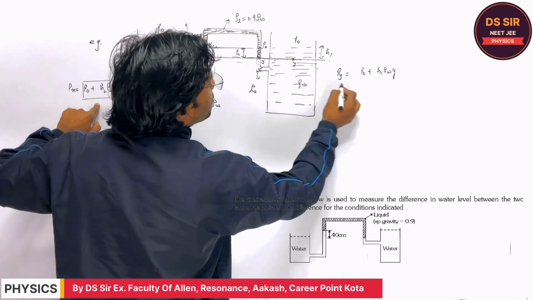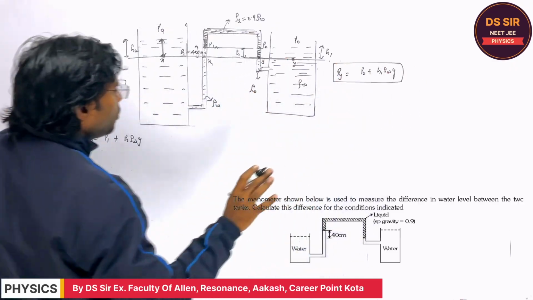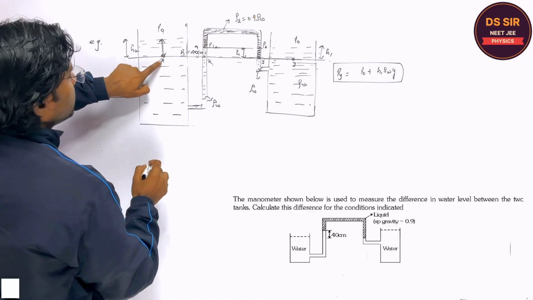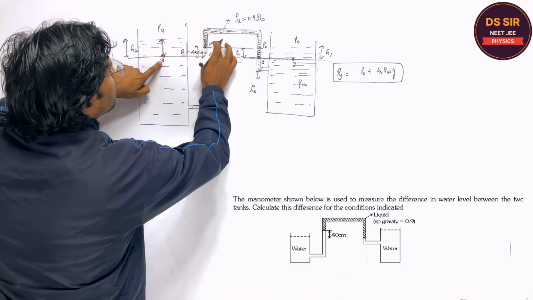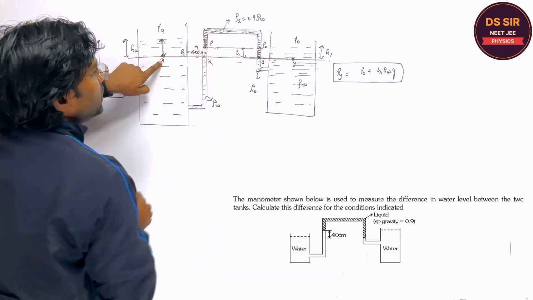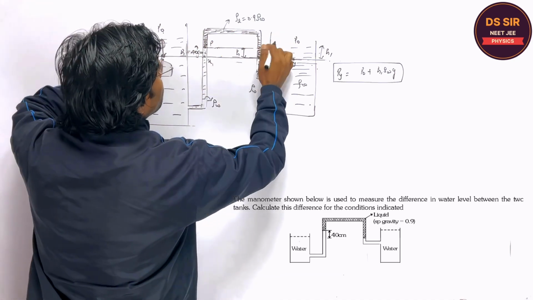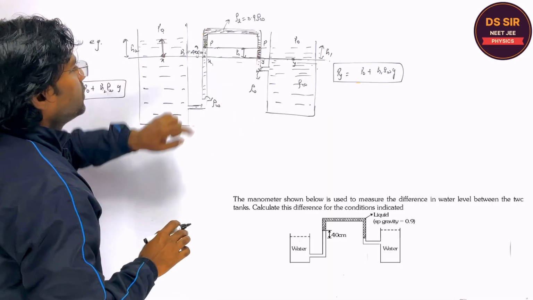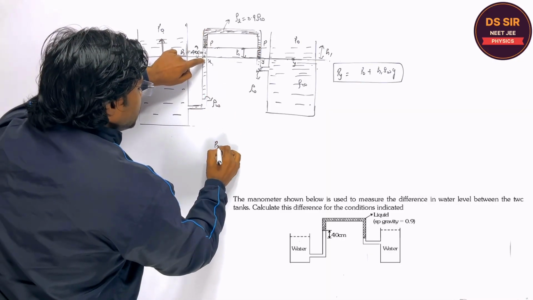What is the Py pressure? Is it clear or not, you tell? Right. So this is the thing. If I assume this is the pressure P, and this is also the pressure P, this is the same, although P1 and P2 are the same. So can you write down the Px pressure? Please tell.